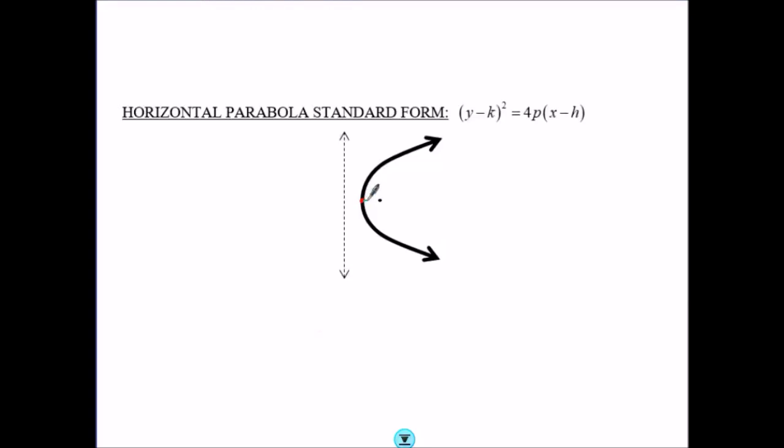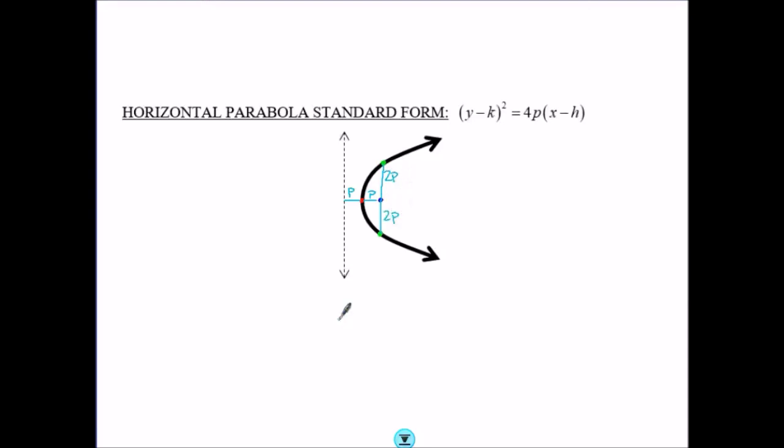The distance between the focus and the vertex is still p. The distance between the vertex and the directrix is still p. And the distance from the focus to each of the points of symmetry is still 2p.